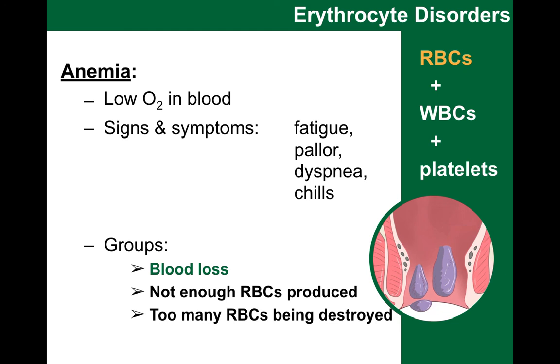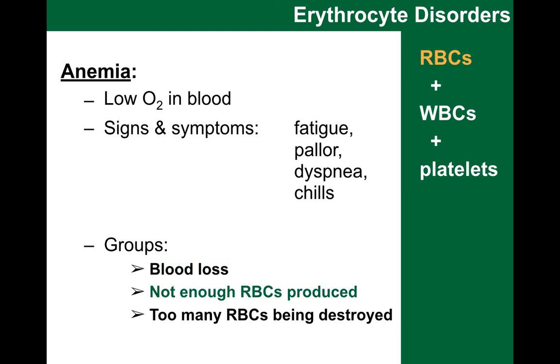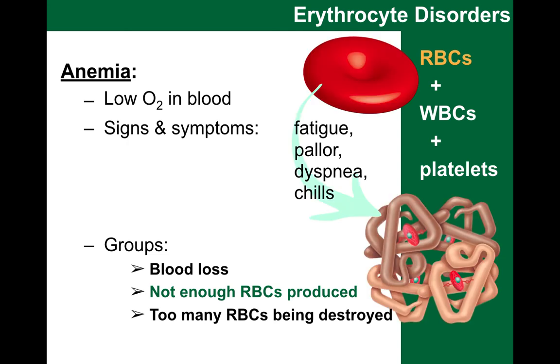In cases where we do not have enough red blood cells being produced, there can be a few different causes. Firstly, we can have a situation where there is not enough iron taken in diet, or the iron taken in is not properly absorbed. Remember, iron was needed for each of the heme groups of the hemoglobin.